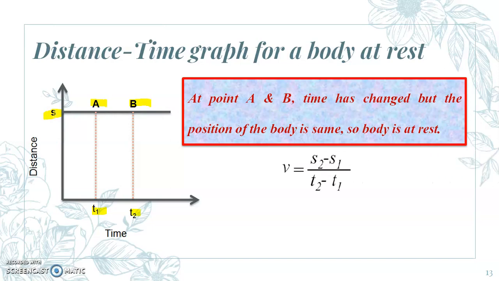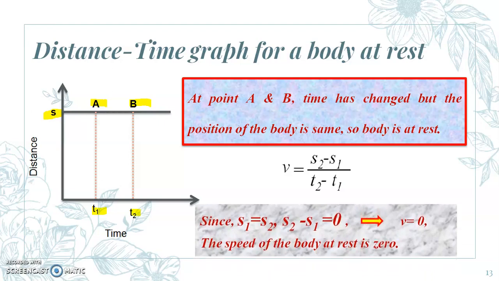So speed is equal to S2 minus S1 divided by T2 minus T1, and since S1 is equal to S2, S2 minus S1 is equal to 0. Look at this. So velocity is equal to 0. That means the speed of the body at rest position is 0.